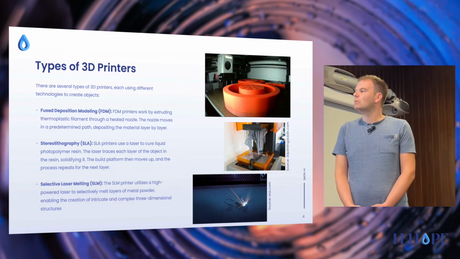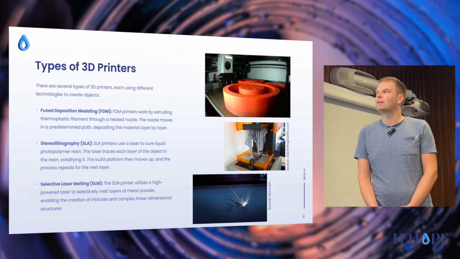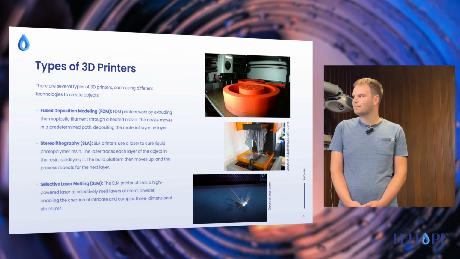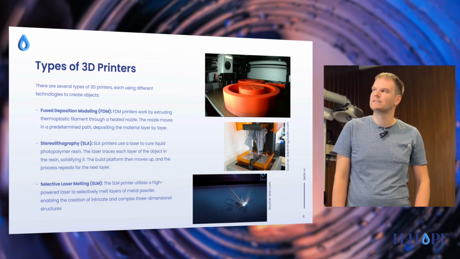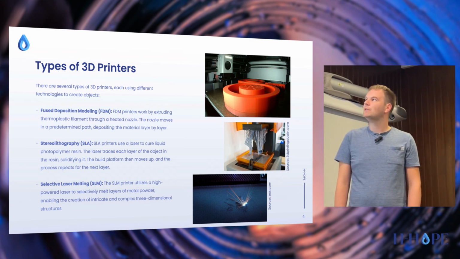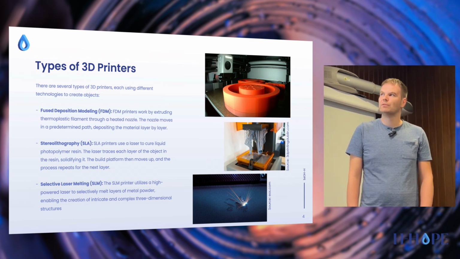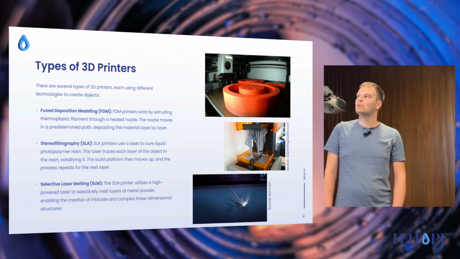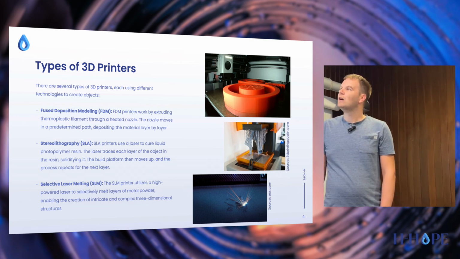So what types of 3D printers are available on the market? There are several 3D printers available on the market, each using different technology to build the objects. The most common 3D printers are called FDM, or Fused Deposition Modeling. FDM printers work by extruding thermoplastic through a heated nozzle.